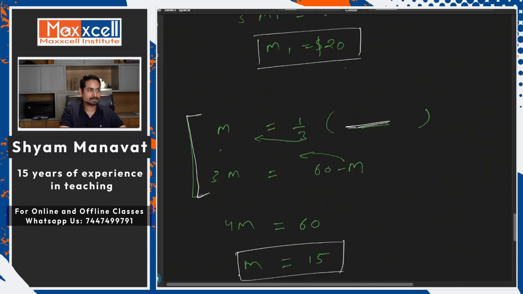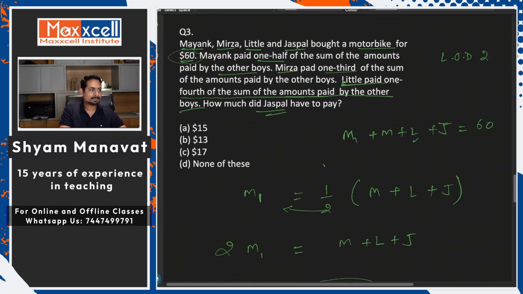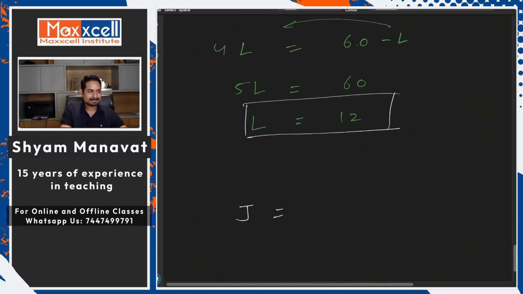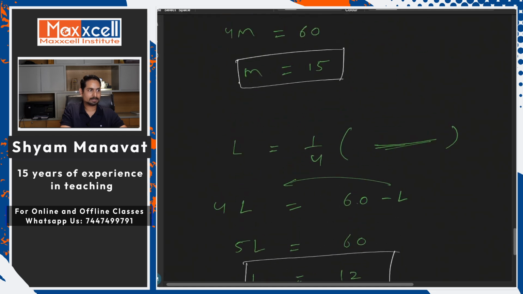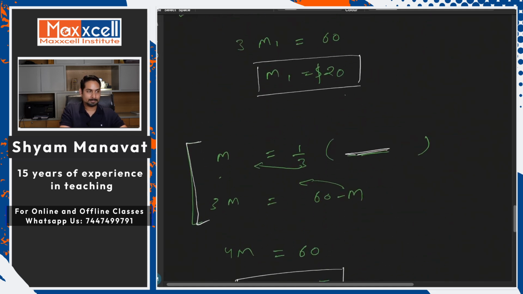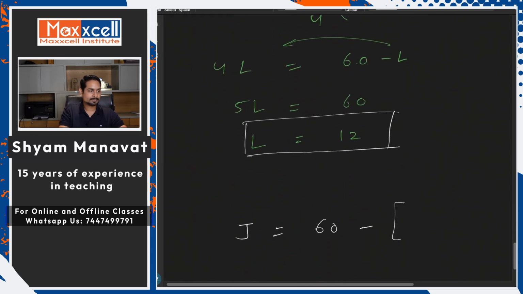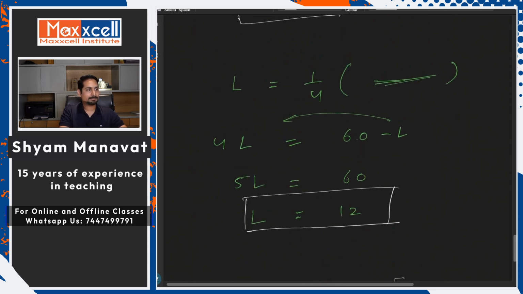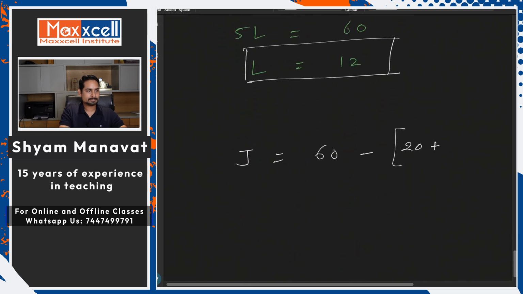Did we get the answer? No. The question is about how much Jaspal paid. So Jaspal paid 60 minus the amount paid by all 3 of them. Mayank paid $20, Mirza paid $15, and Little paid $12.